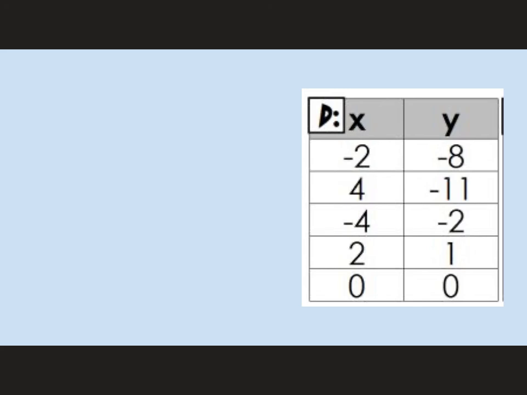What range value corresponds with that 4 of a domain? -11, good. So y'all are kind of picking up on the fact that there's independent and dependent, and they're paired together, right? They have a relationship with each other. Yesterday we talked about the relationship between time and distance, or time and heart rate. So now we're talking about the relationship between X and Y. Got it? All right, you guys have a quiz.